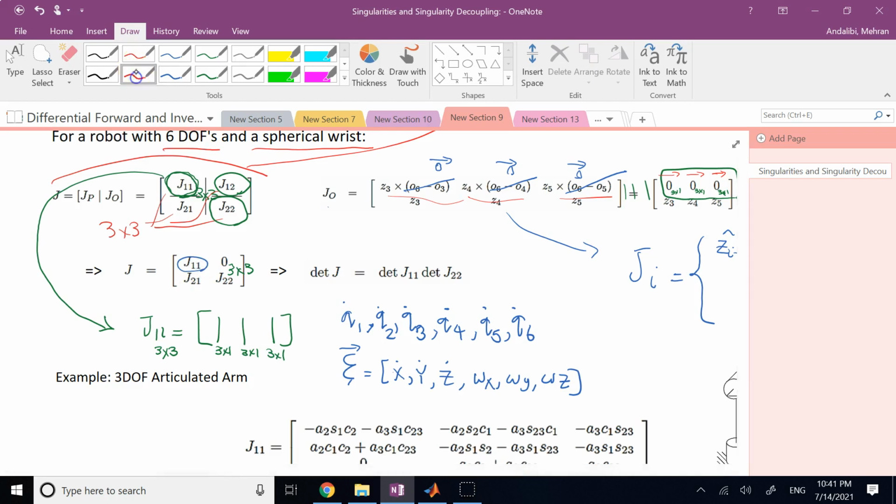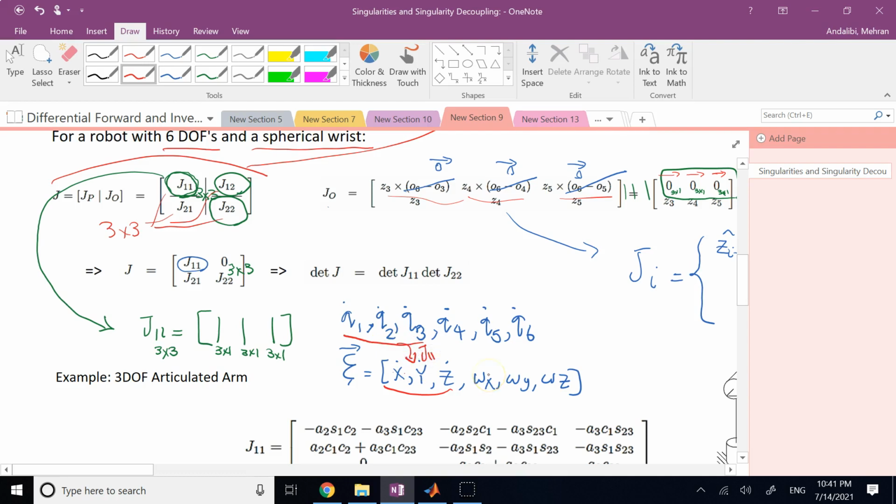J11 shows the effect of the first 3 joint velocities and their contributions to what? To the first 3 numbers in zeta, which are the linear velocities of the end effector. So the first 3 joints act on the linear velocity of the end effector, on the position x, y, z, and its time derivatives. The effect of these on those is determined by J11.